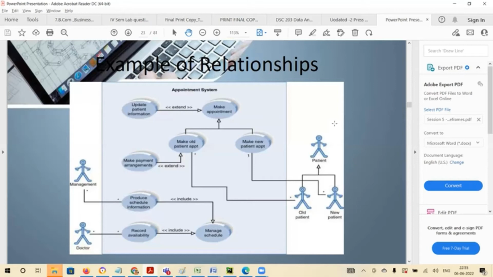And if the patient is new, schedule information. Okay.